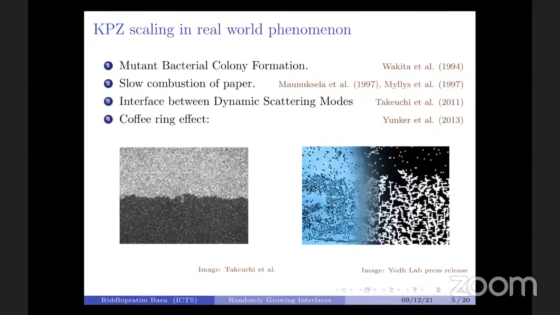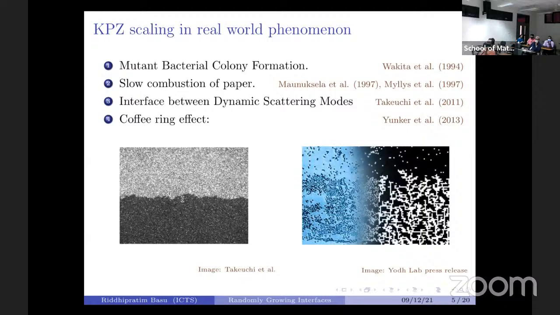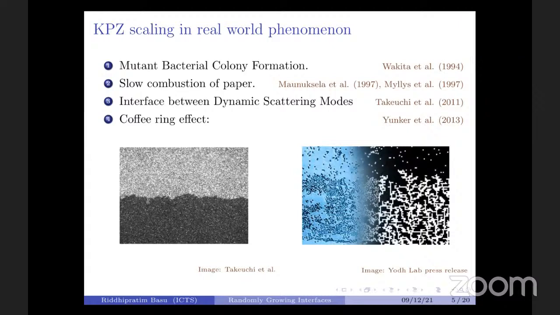In some sense, the pictures you see are already scaled. The conjecture is that once you have scaled the vertical direction by t to the 1/3 and the horizontal direction by t to the 2/3, then it will converge to some random limiting stochastic process. That stochastic process kind of looks like this.